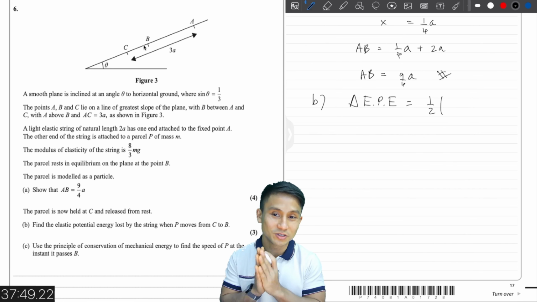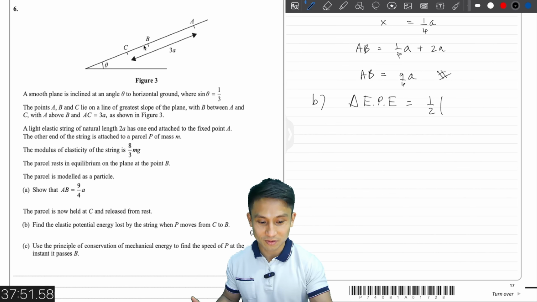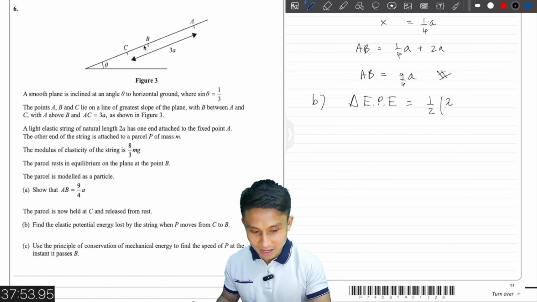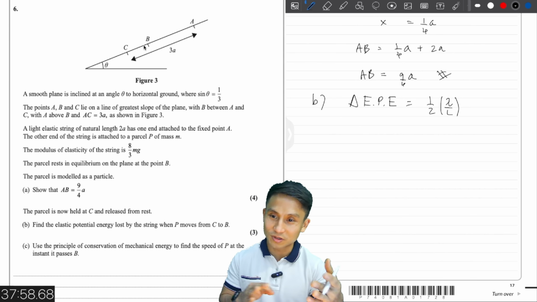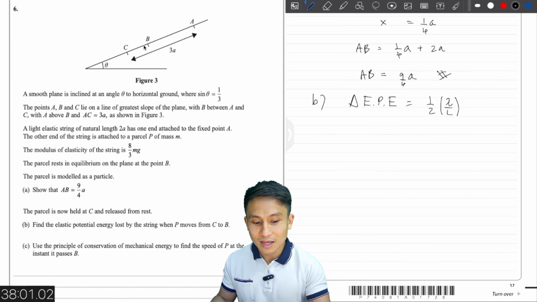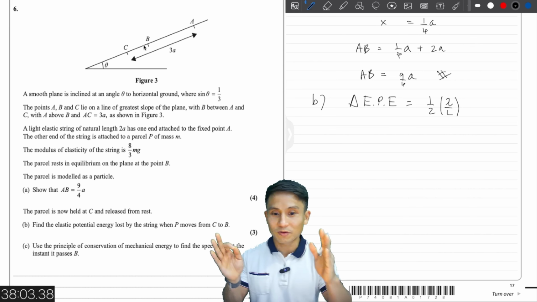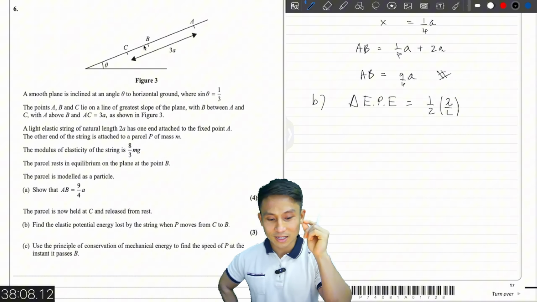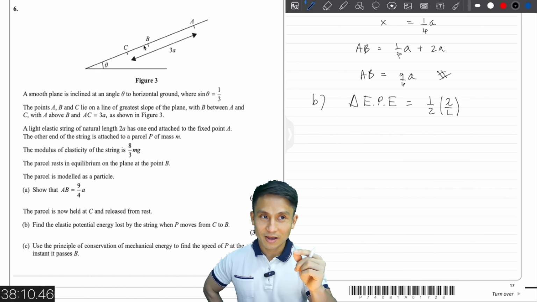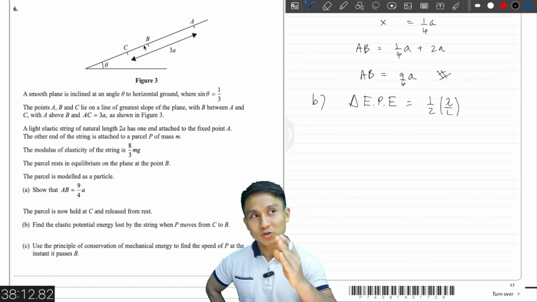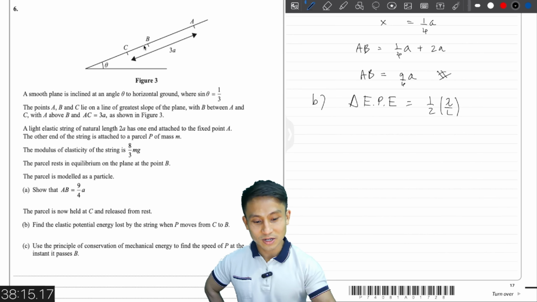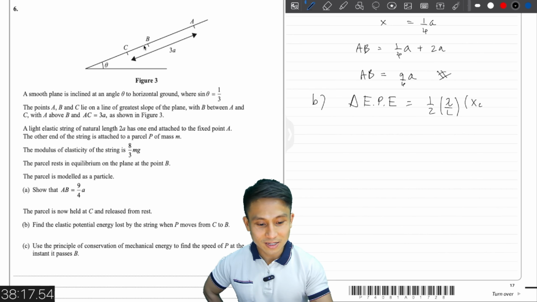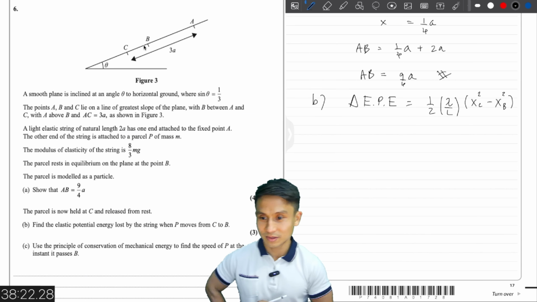The K value, the spring constant, is basically just lambda over L. So 1/2 K, which is lambda over L, just to make it more relevant to the paper here, and X squared. But if we find the difference, lambda and L are the same, because lambda is the string property and L is the natural length. So when you find the difference between two energies of the string, it's just X at C squared minus X at B squared, and X is the extension.